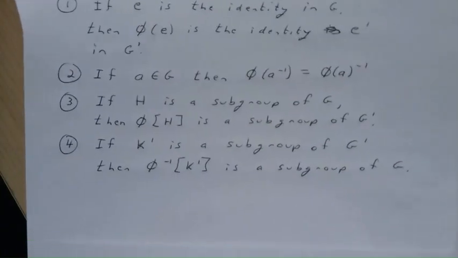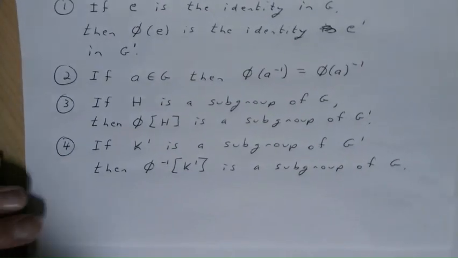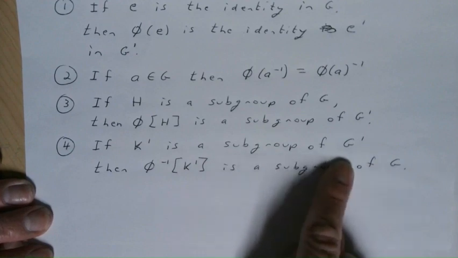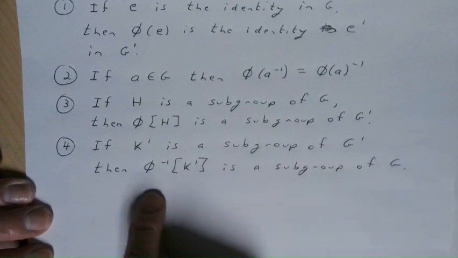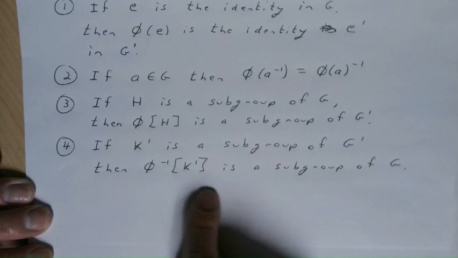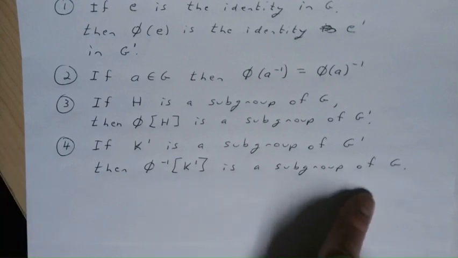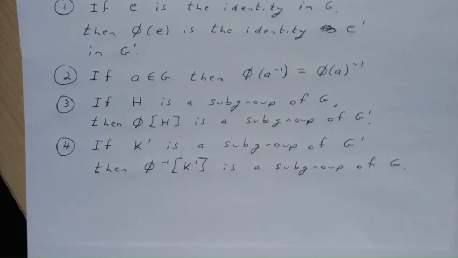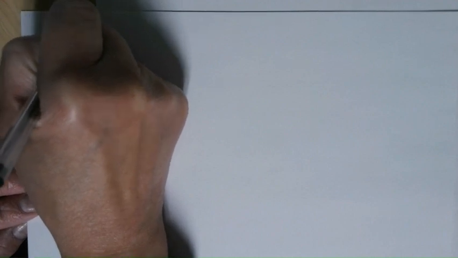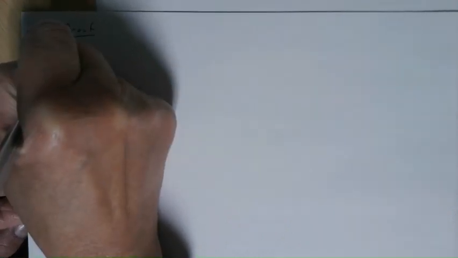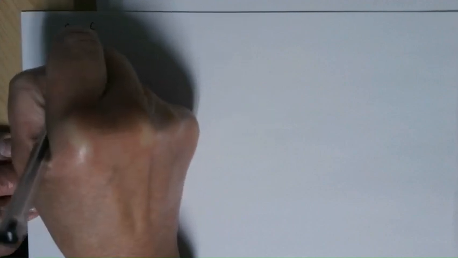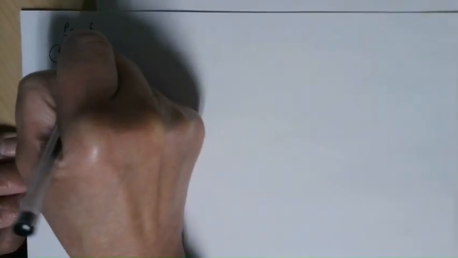Next, let's look at this number 4. If K prime is a subgroup of G prime, then phi inverse of K prime is a subgroup of G. This one's a little bit more difficult to prove, but let's go through that. So actually, let me write this down. Again, we're going to do the proof of number 4.